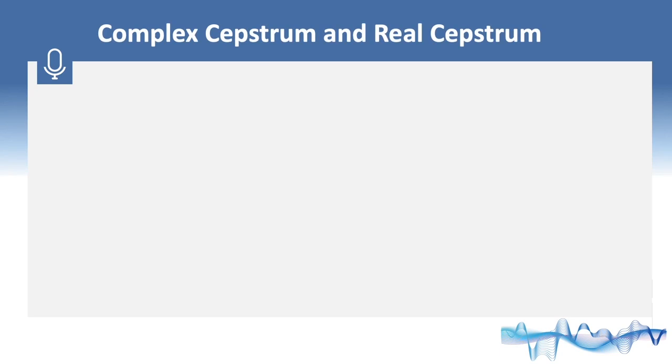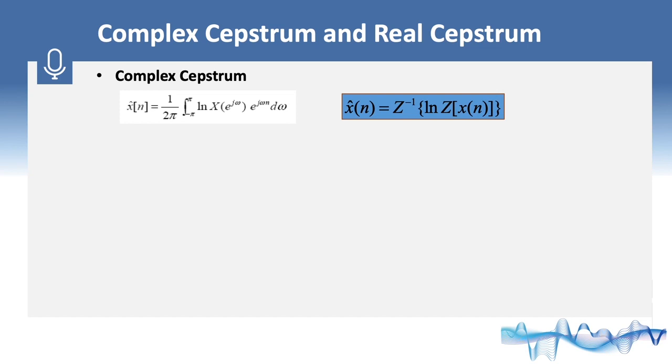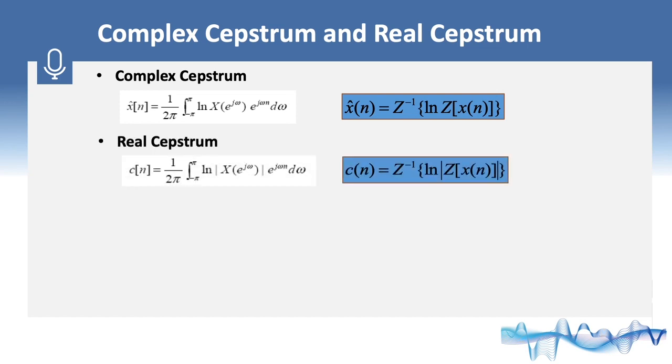There are two kinds of definitions, including complex cepstrum and real cepstrum. The complex cepstrum refers to the inverse Fourier transform of the logarithm of the Fourier transform of a function. It does not mean a complex signal, but a complex logarithm is applied.